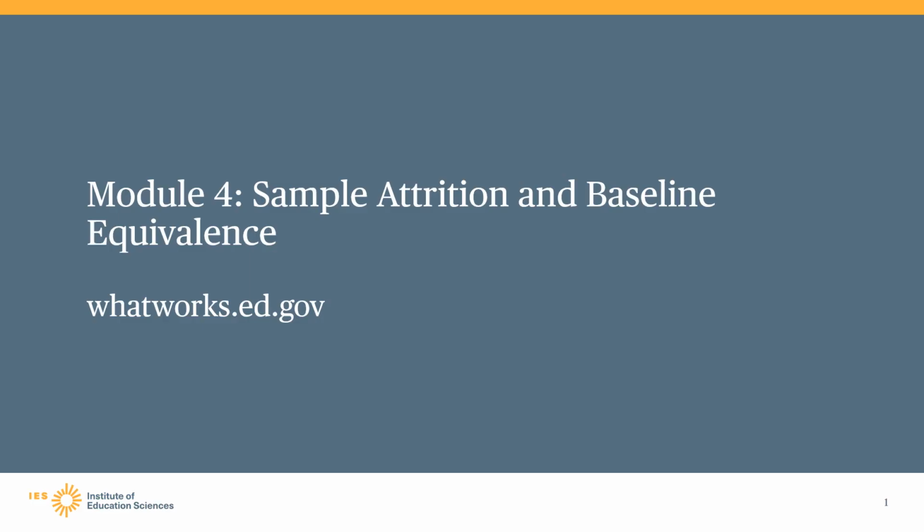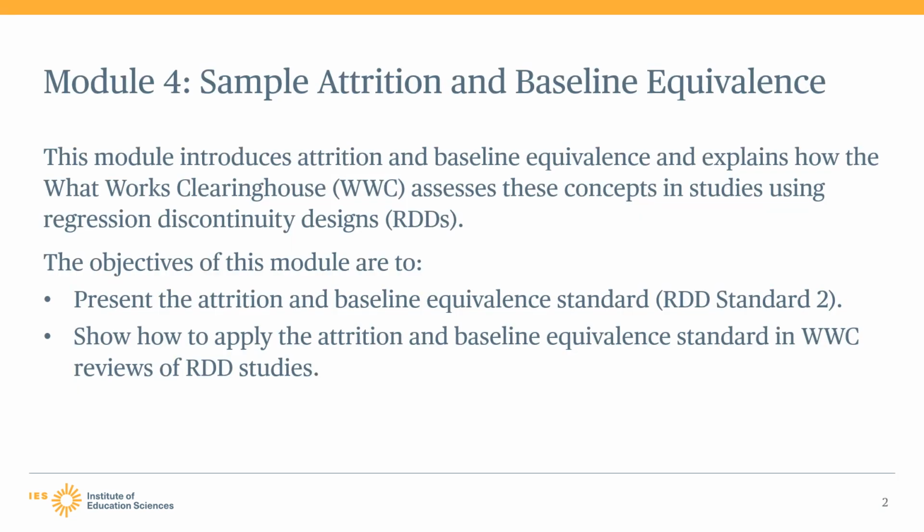Welcome to the WWC Advanced Group Design Training Module focused on sample attrition and baseline equivalence in regression discontinuity design, or RDD, studies. You can access all of the resources mentioned in this module through the WWC website, whatworks.ed.gov.